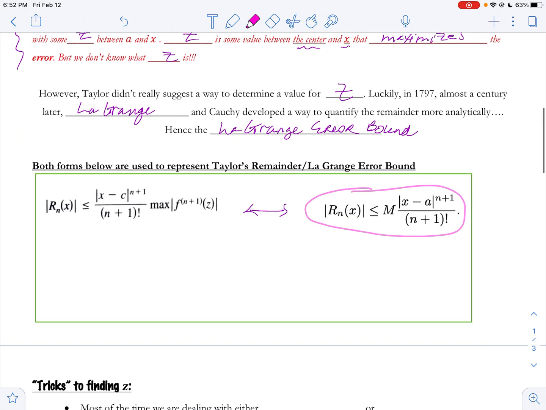The difference is that there's an analytical way of actually calculating what this max is going to be. And in both of these forms of the equation, they mean the exact same thing.